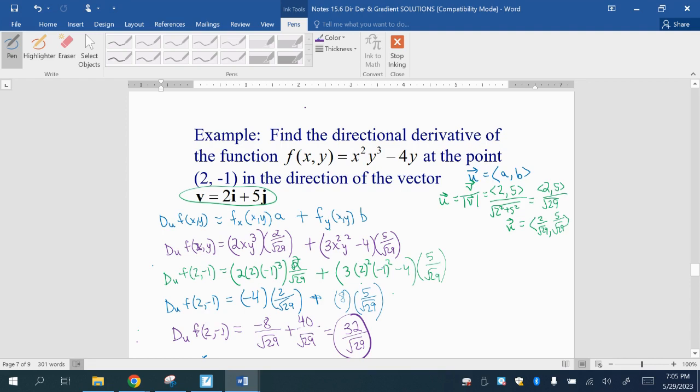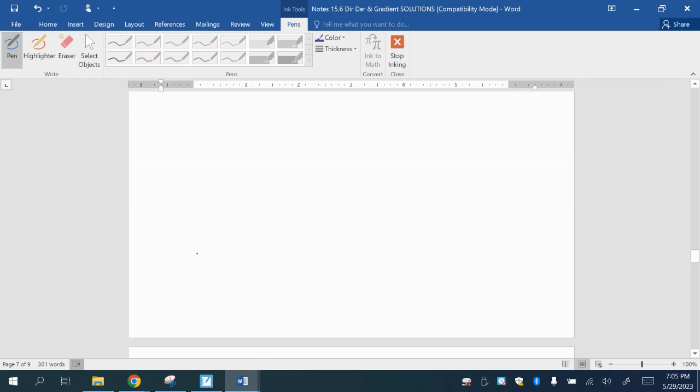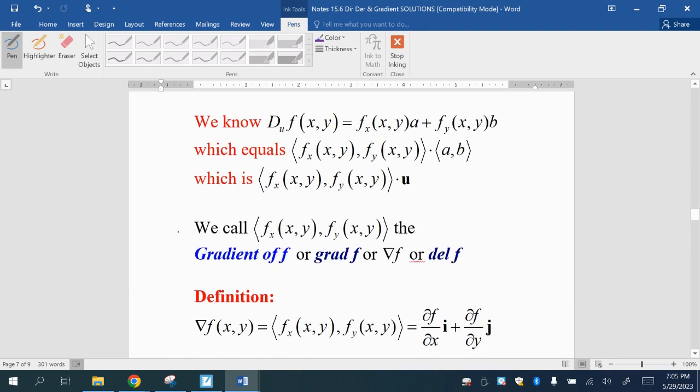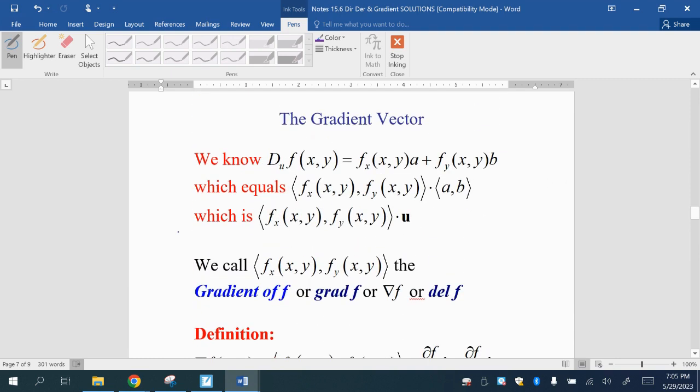Now let's talk about the gradient. So let's go back up to the information that we know. We know that the directional derivative is the partial with respect to x times a plus the partial derivative with respect to y times b.